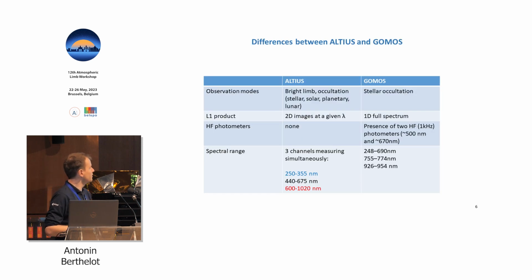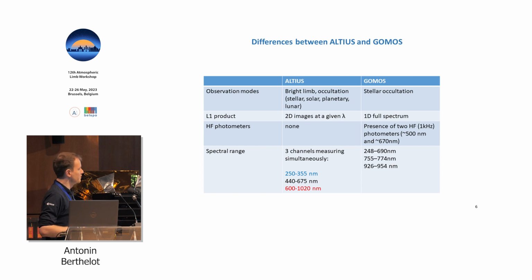Right, so there are a couple of differences between ALTIUS and GOMOS. Primarily, ALTIUS is intended to be quite flexible, as you've heard already, and to work mainly in bright limb, but also in occultation, while GOMOS was intended primarily to work in stellar occultation.